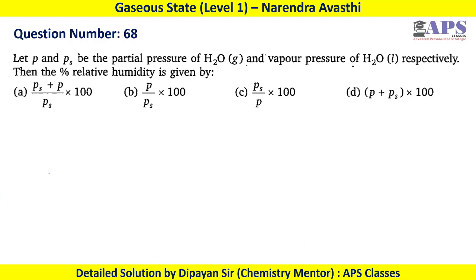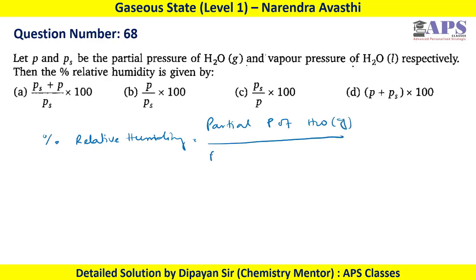So the formula of percentage of relative humidity is the partial pressure of water in gaseous state divided by the vapor pressure of liquid water, multiplied by 100. So according to the problem, P by PS multiplied by 100, so option B will be the correct option.